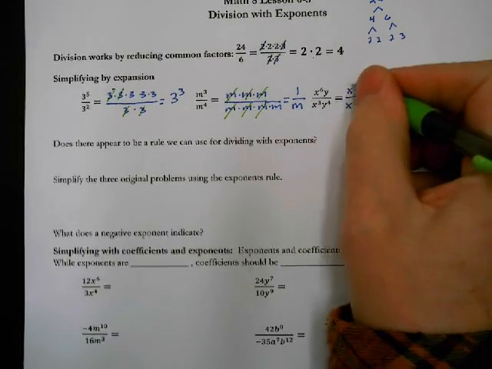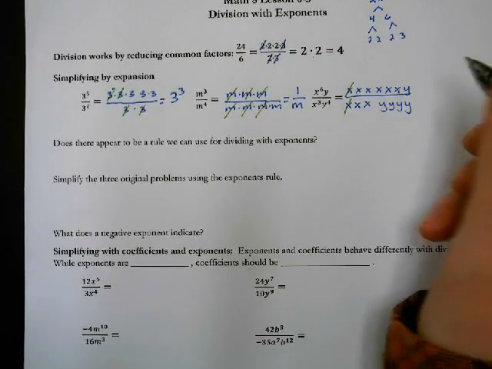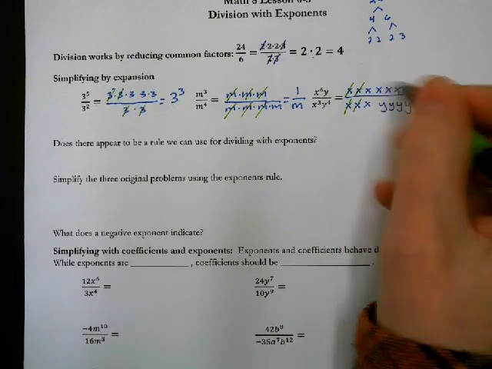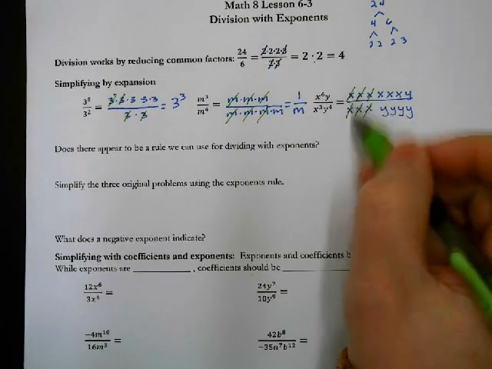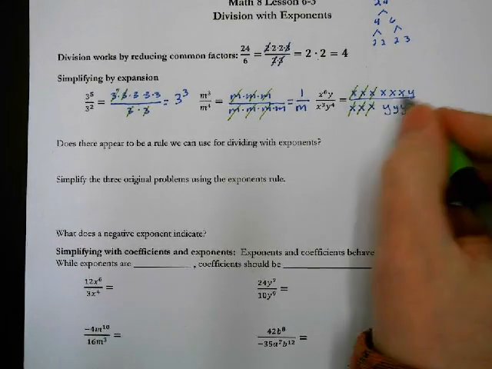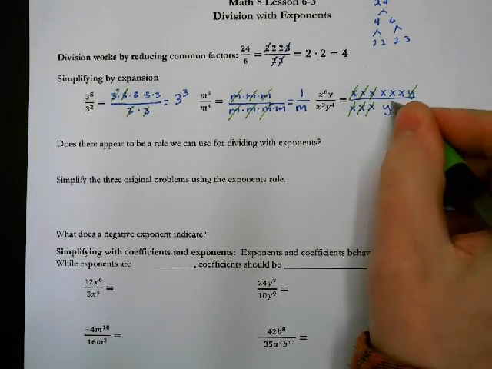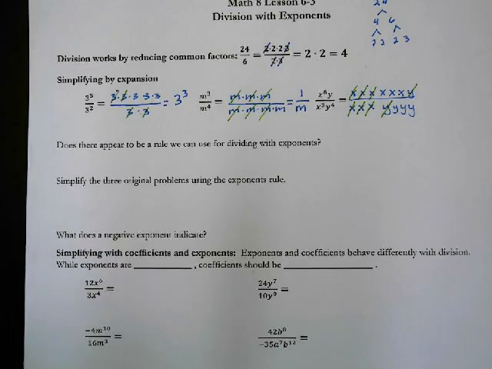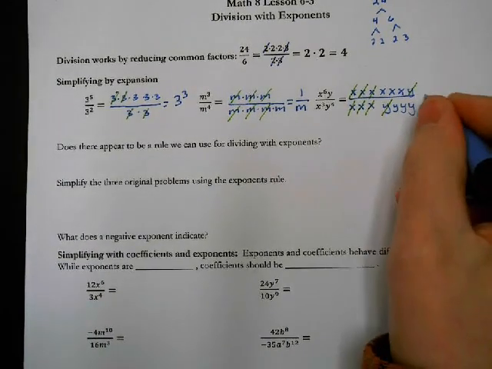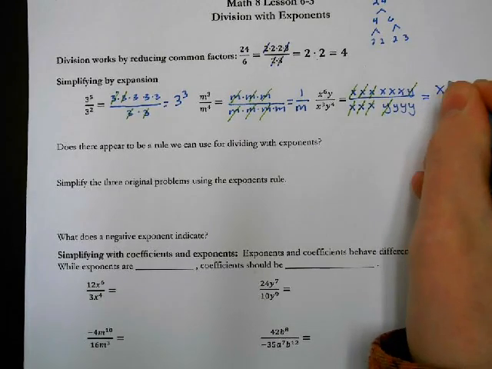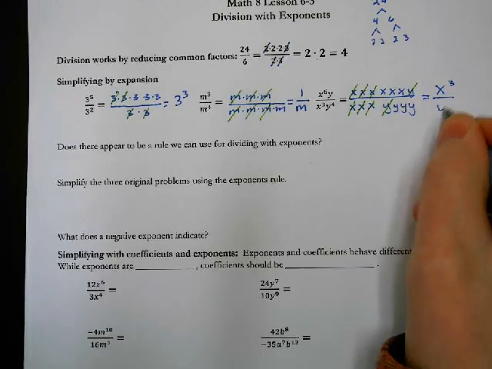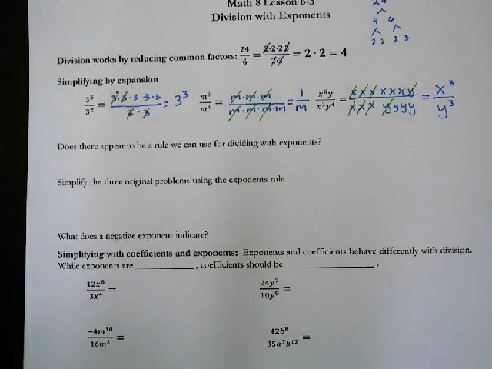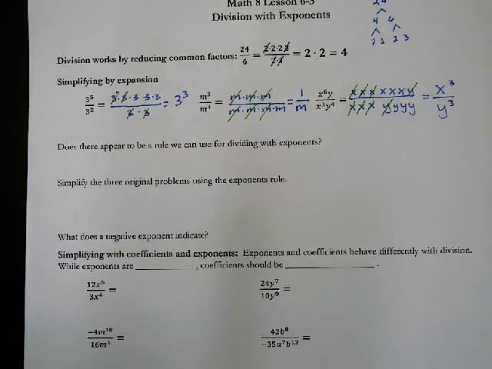I've got an x on top, x on bottom, that makes 1. Another x and another x, that makes 1. Another x, another x, that makes 1. So I have reduced 3 x's, and then I've got a y in the numerator and a y in the denominator. So I will reduce those. What am I left with? I'm left with 3 x's in the numerator, x to the 3rd, and 3 y's in the denominator, y to the 3rd. So there's my final answer. X to the 3rd over y to the 3rd.